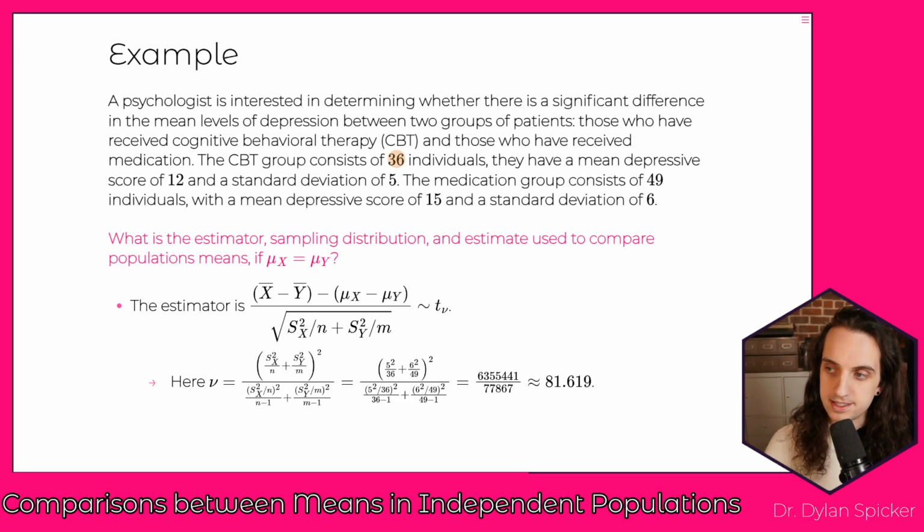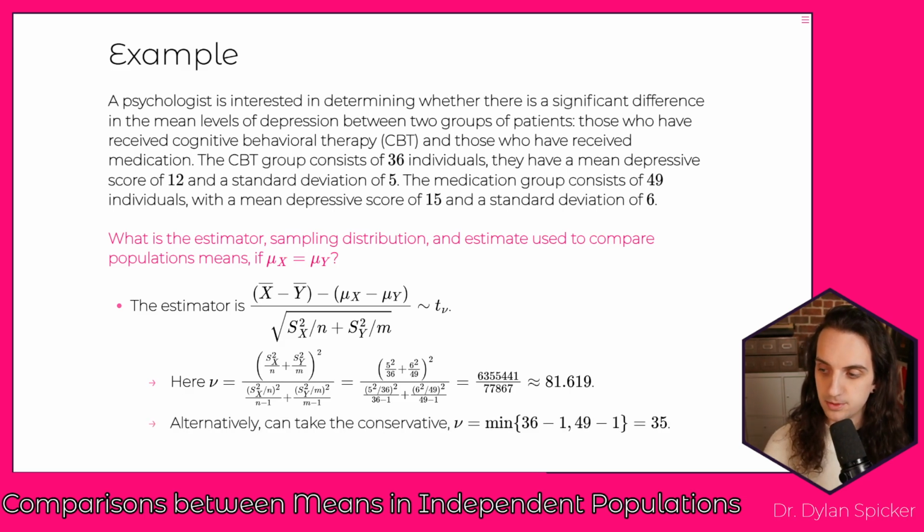We have n is 36, m is 49, and so n minus 1 is 35, m minus 1 is 48, and so we could also have taken this to be approximately 35. Of course, this 81 is a lot larger than the 35, and so in this case, it's going to perform a lot better if we actually use this value here. But if you were doing this by hand or you forgot this formula, then that's going to work well enough here. So we could take the degrees of freedom to be 35.